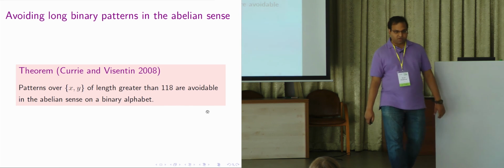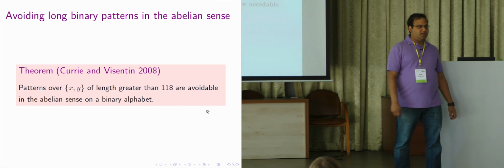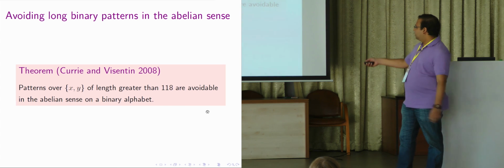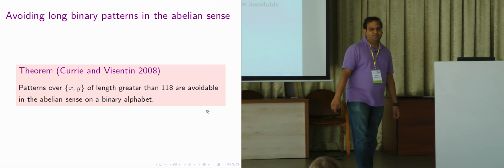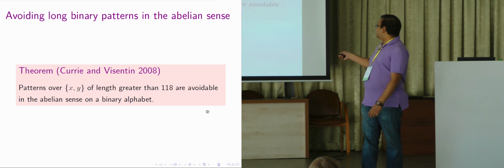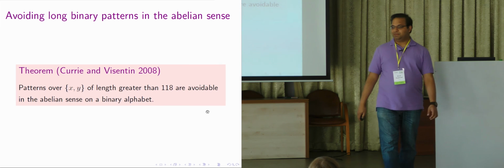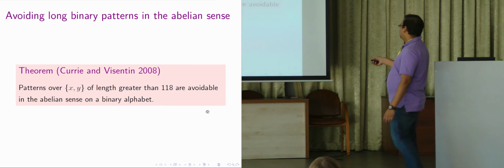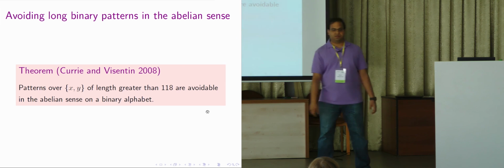Here's an example of a result that is known. If I look at binary patterns, patterns with just 2 variables, patterns of length greater than 118 can be avoided on the binary alphabet. So this 118 is probably not optimal, but it seems quite difficult to improve this substantially.